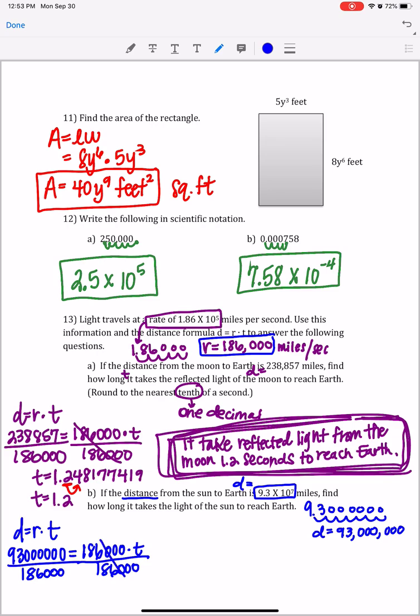Now this one doesn't tell me how to round. Hey, and maybe that is because it comes out nice and even. So my time is 500. Word problems need word answers. So what did we find to be 500?